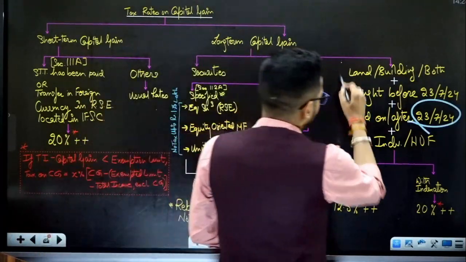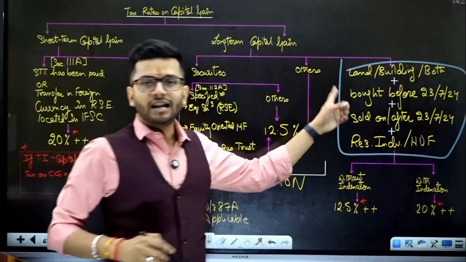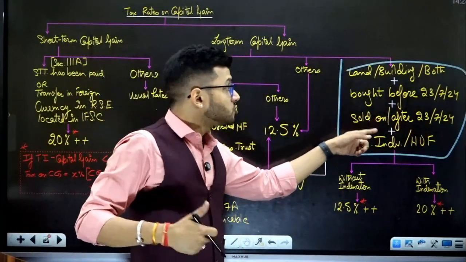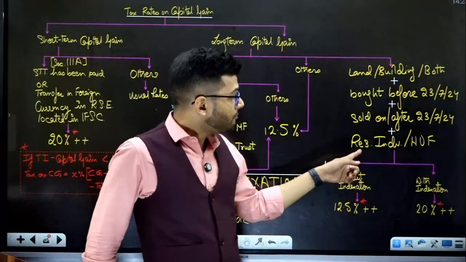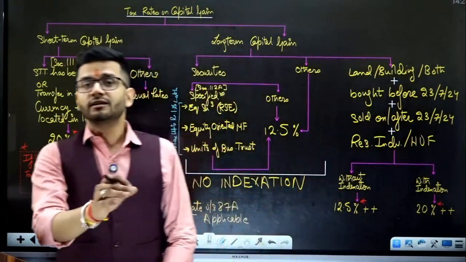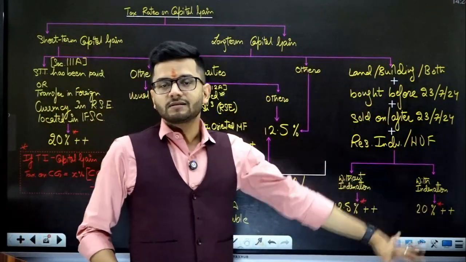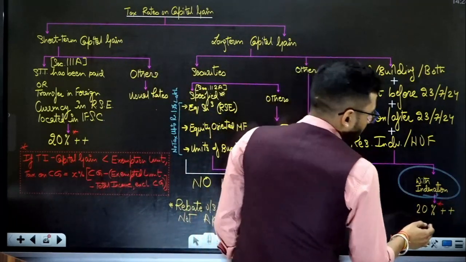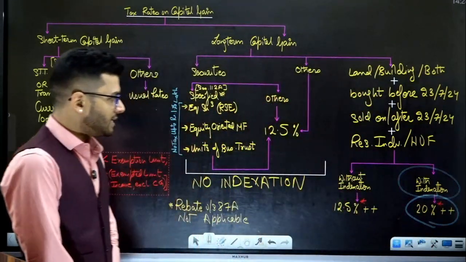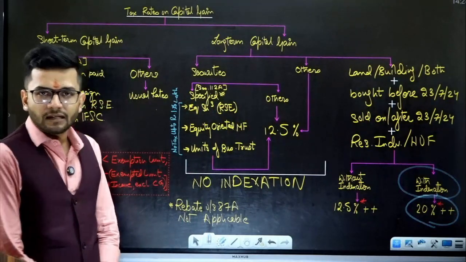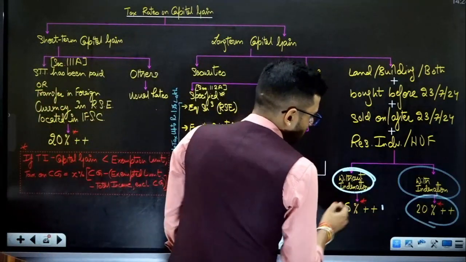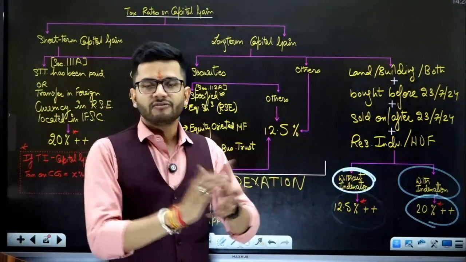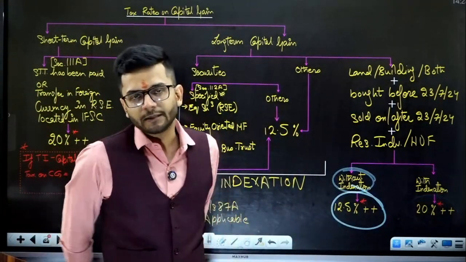So now, if these four conditions are satisfied: number one, land or building or both; number two, bought before 23rd July 2024, sold after 23rd July 2024; and that person should be a resident individual. If all these conditions are satisfied, only then you apply indexation and you pay tax at the rate of 20%, or you don't apply indexation and you pay tax at the rate of 12.5%, which is the tax rate prescribed by the Government of India.